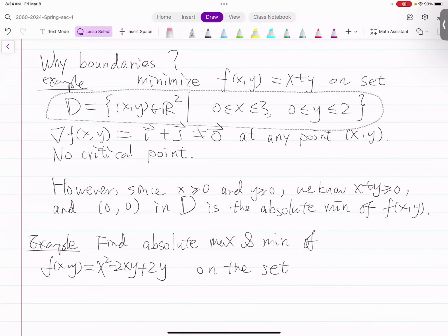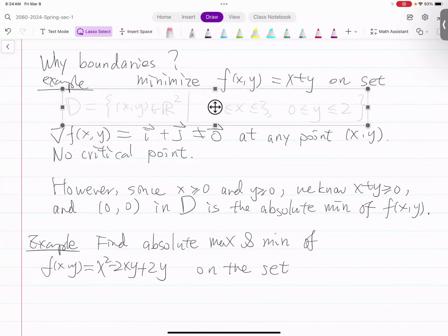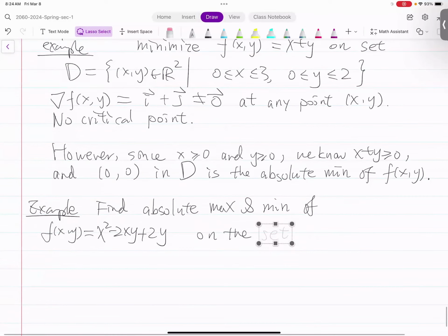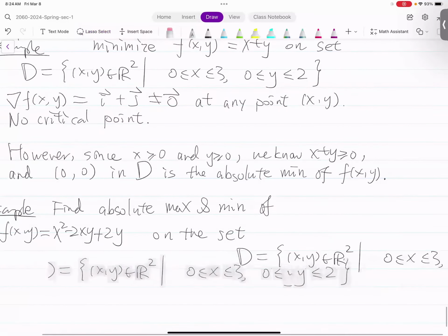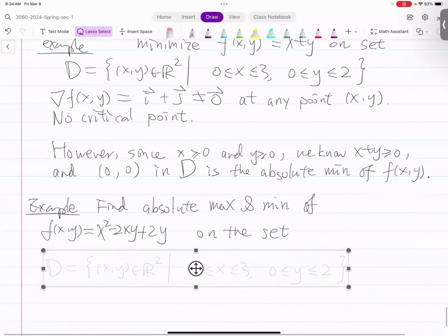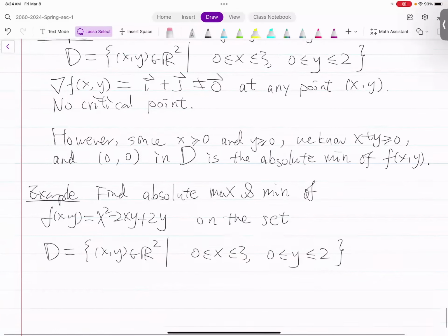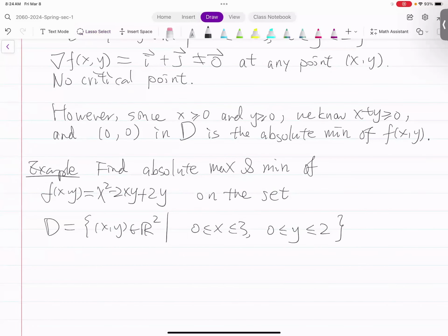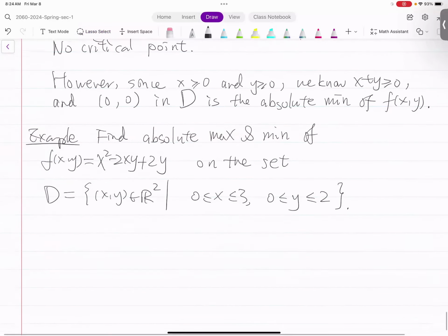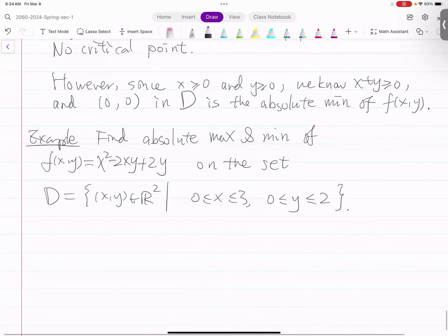So let me cheat by copying the formula from above, but basically we just have x between 0 and 3, y between 0 and 2. So it's the same box domain, but now we just look at this quadratic function, okay?